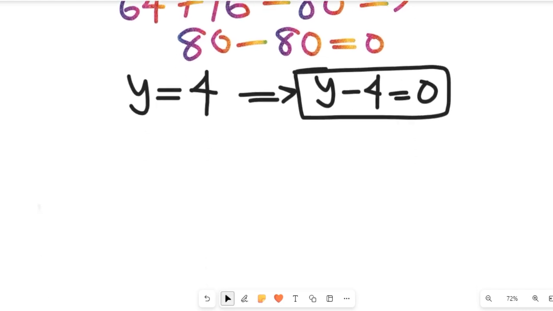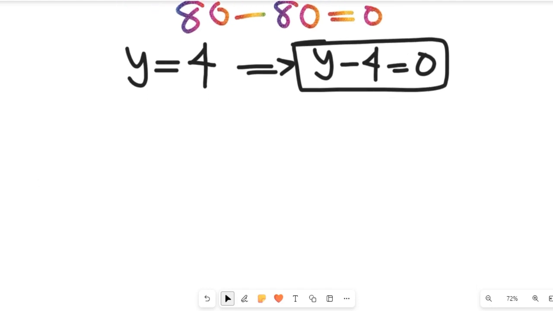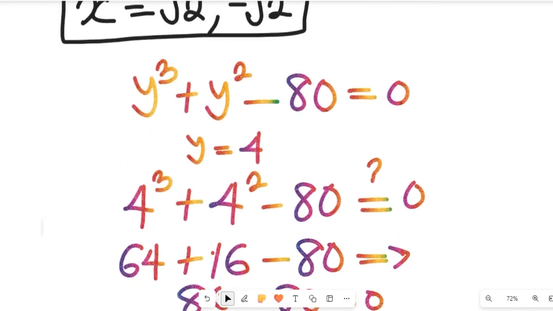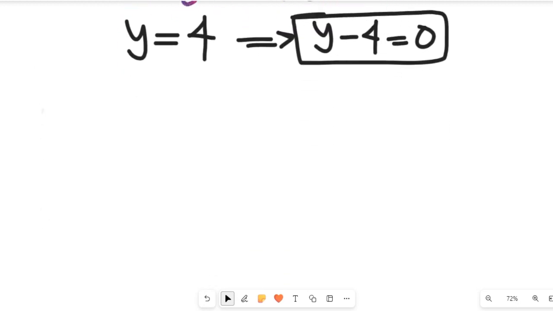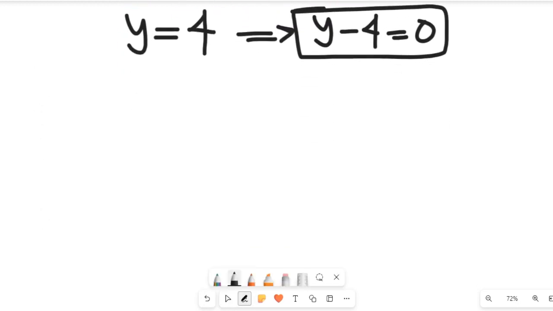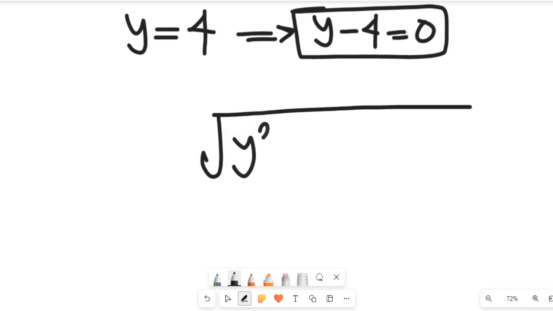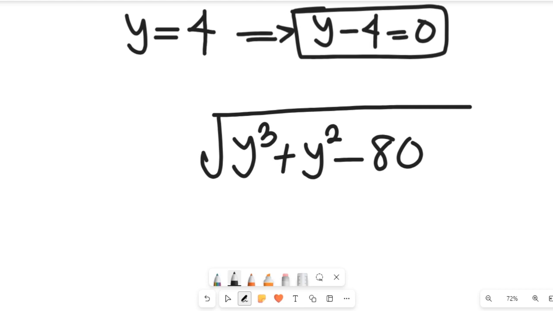Now, to get the other two solutions, we need to find the quadratic equation. To find it, all you simply need to do is to divide the original polynomial expression given to you, which is y to the power of 3 plus y to the power of 2 minus 80, by the first factor you have gotten, that is y minus 4.